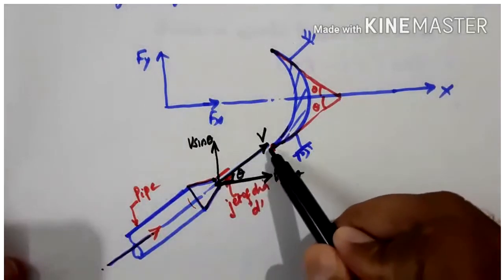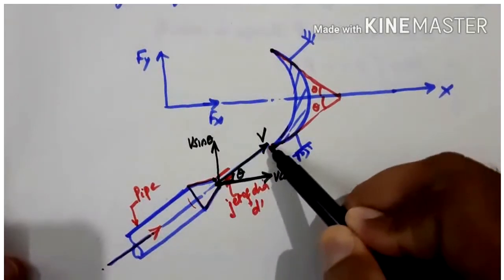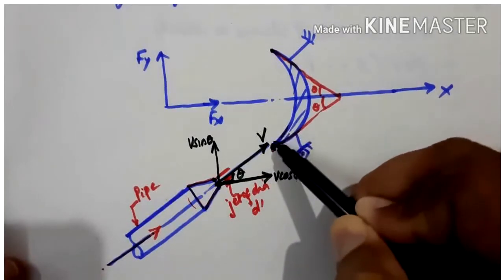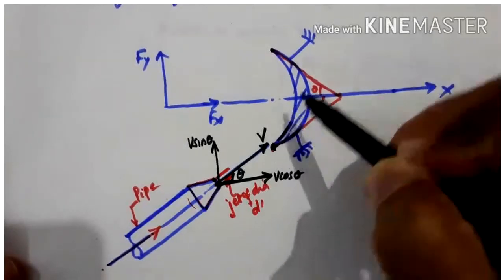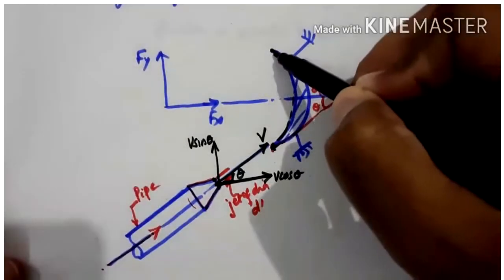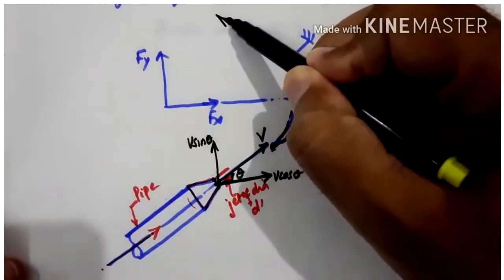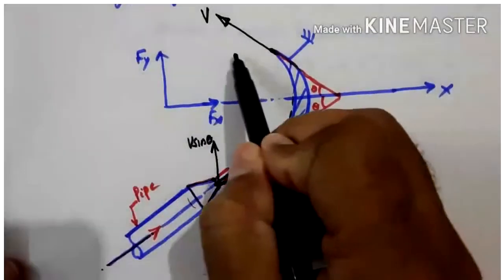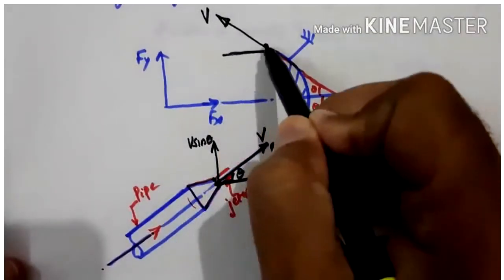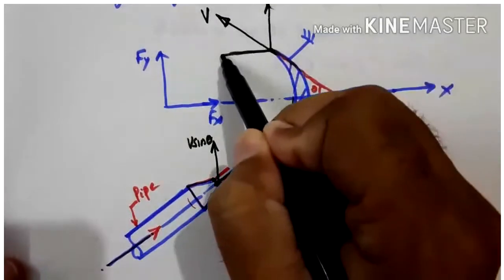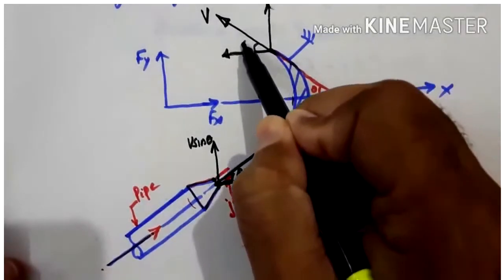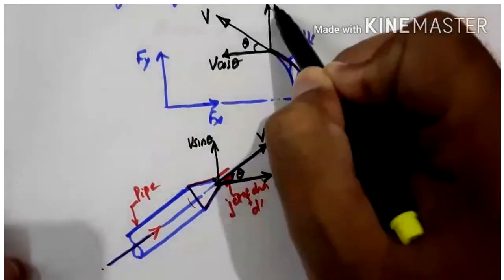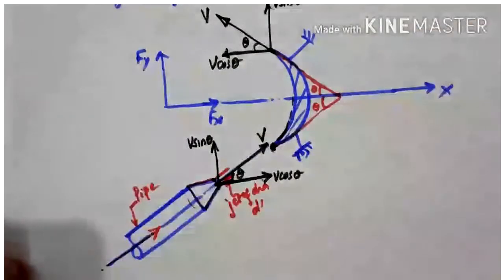After striking, the jet hits the vane at one of the tips tangentially, then the water glides over the surface like this, then exits like this. It exits with the same velocity v, at some angle theta, and the components again become v cos theta and v sin theta.